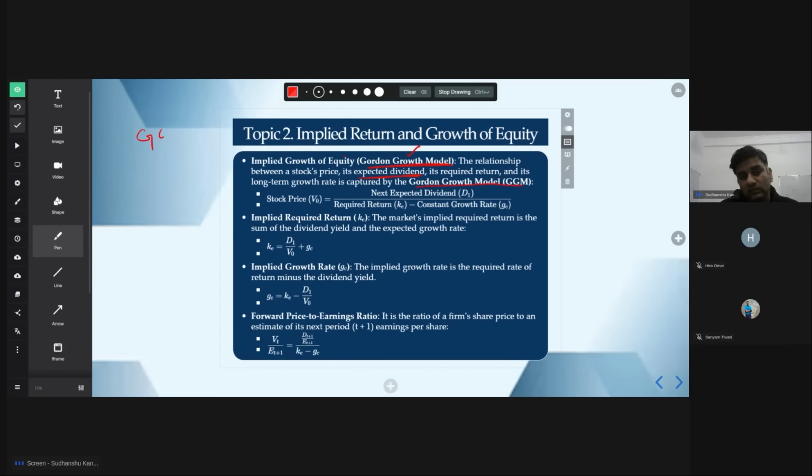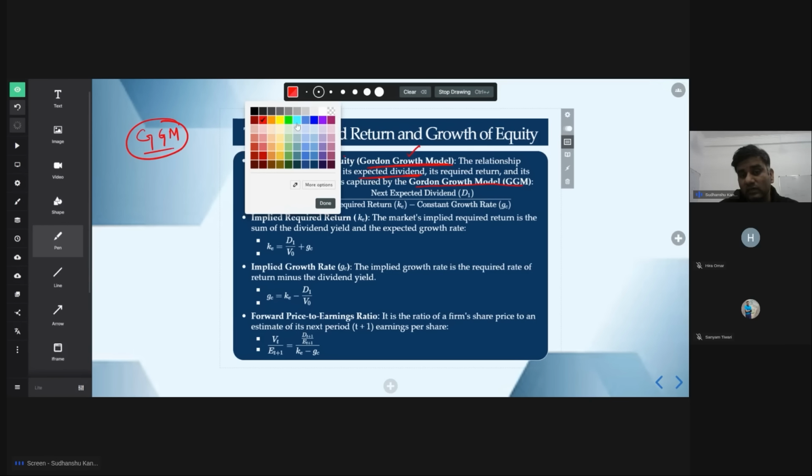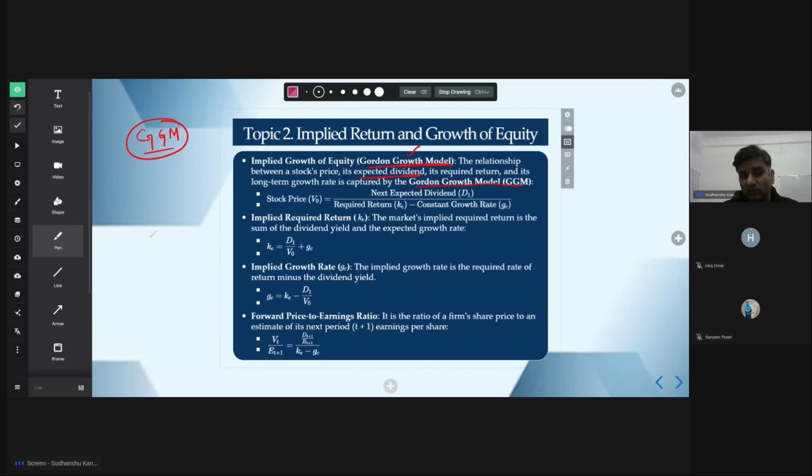I told you, you studied your dividend discount model. Now you're studying another model, the Gordon growth model. What does the Gordon growth model say? It's giving you a relationship that V0 is equal to D1 divided by KE minus GC. This is the same thing as the dividend discount model which you saw, DDM.